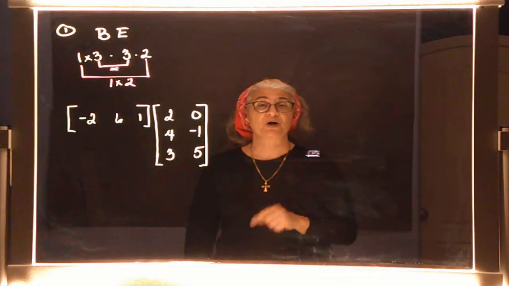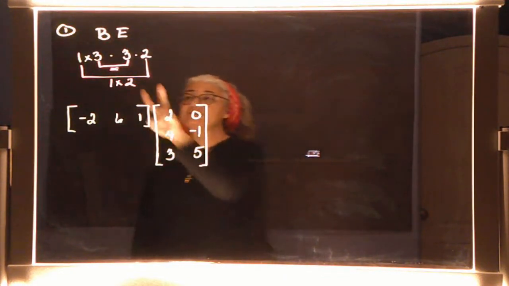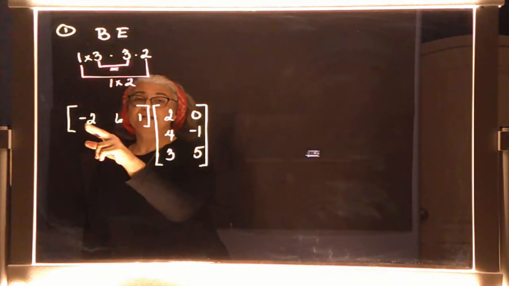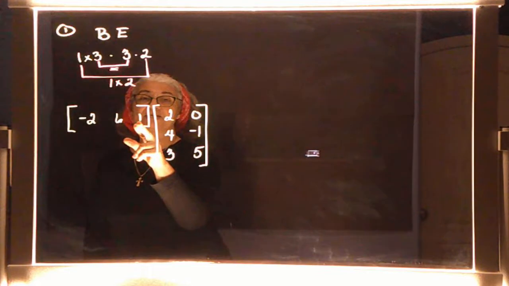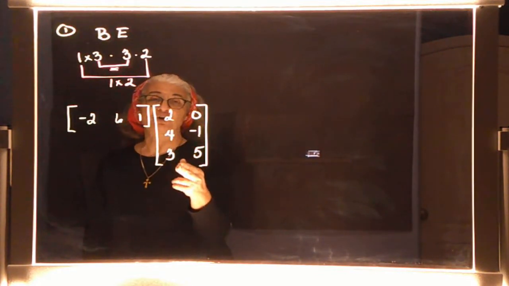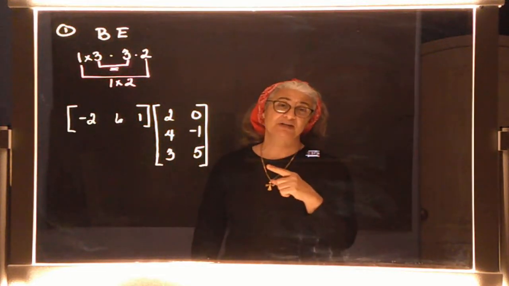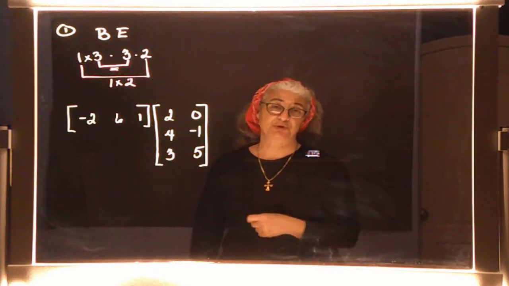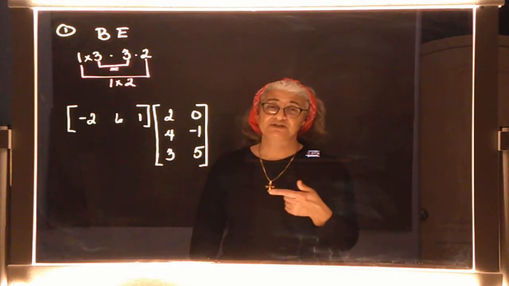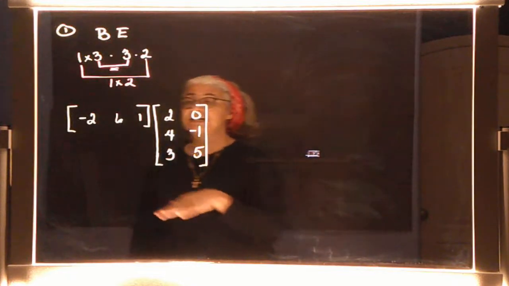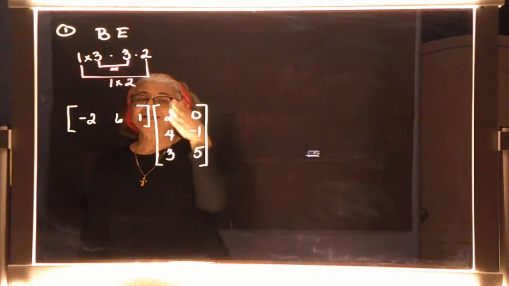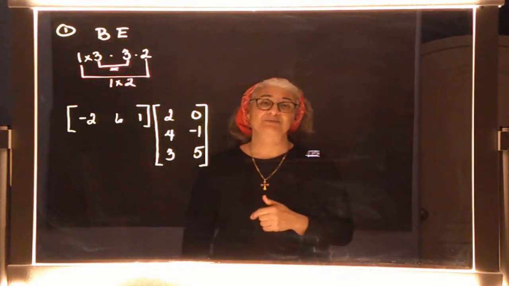But here's the reason why. Making certain these numbers are the same makes certain that the amount of numbers in these rows is exactly the same as the amount of numbers in these columns, because matrix multiplication is a bunch of distribution problems. Okay? Matrix multiplication is a bunch of distribution problems. I'm going to take each row from the first matrix and I'm going to distribute it to each column in the second matrix.